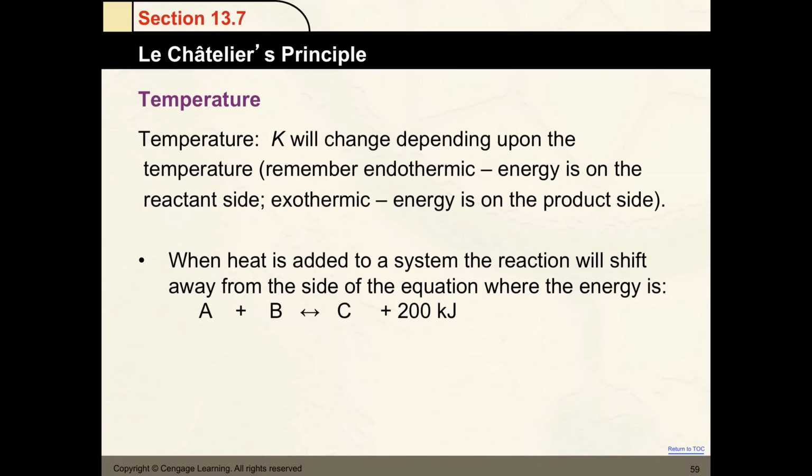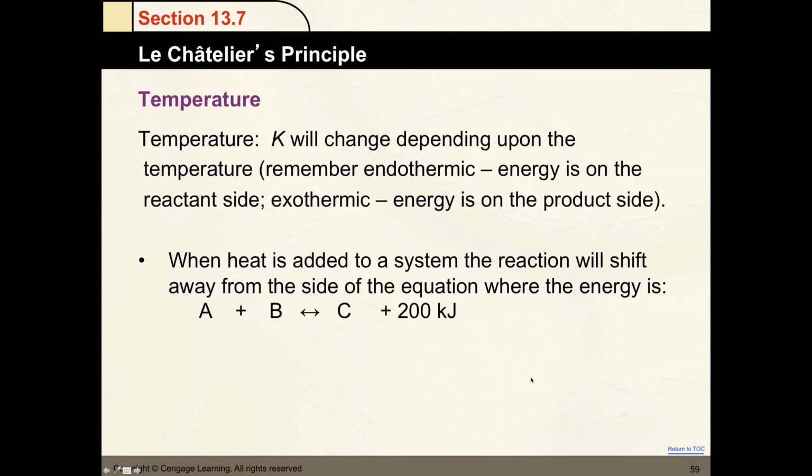So here's an example of an exothermic reaction. You can see the heat is put on the product side. So we know that it is an exothermic reaction. If you were to add more heat, it will cause this side of the reaction to increase in how its collisions are working, and as a result it will shift to the left, because anytime these react more, it'll produce whatever's on the opposite side.